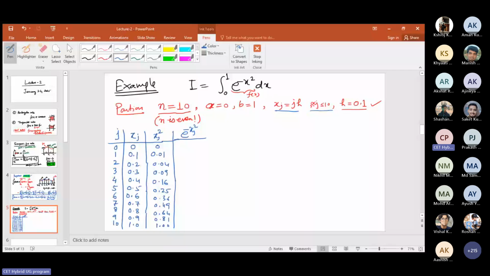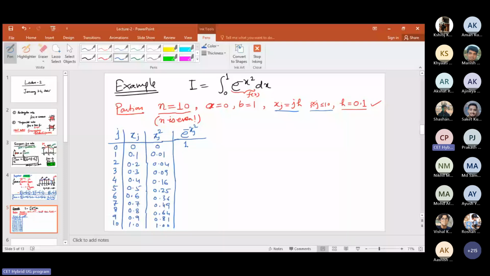The square of 1 stays 1, so no change. So the first value is e raised to power 0 minus 0, so that will be your value 1. E raised to power 0, that value will be 1.